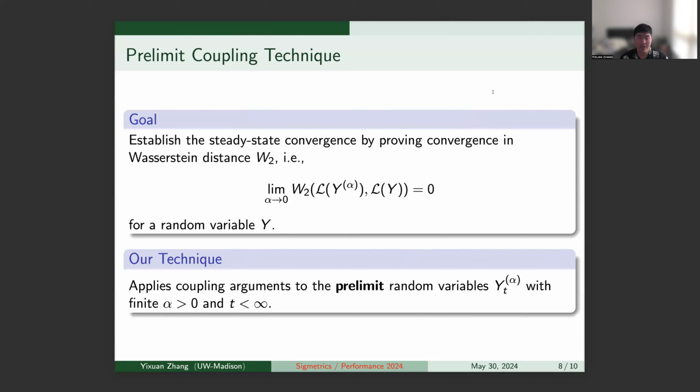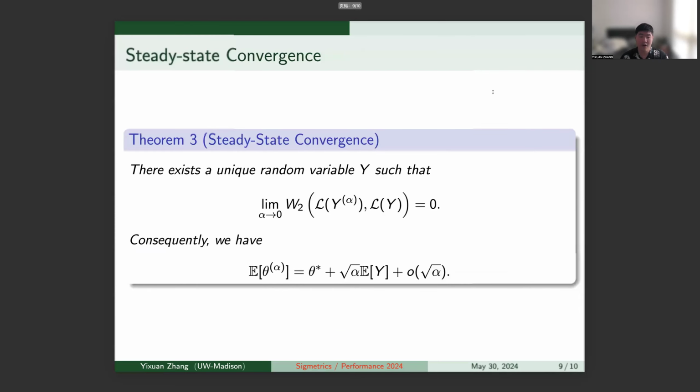Recall that our goal is to establish the steady-state convergence, that y alpha will converge to y in the Wasserstein distance of order 2. Finally, by our Prelimit coupling technique, we obtain Theorem 3, that y alpha will converge to y. Consequently, we have the second equation here, which is what we want for the bias calculation.